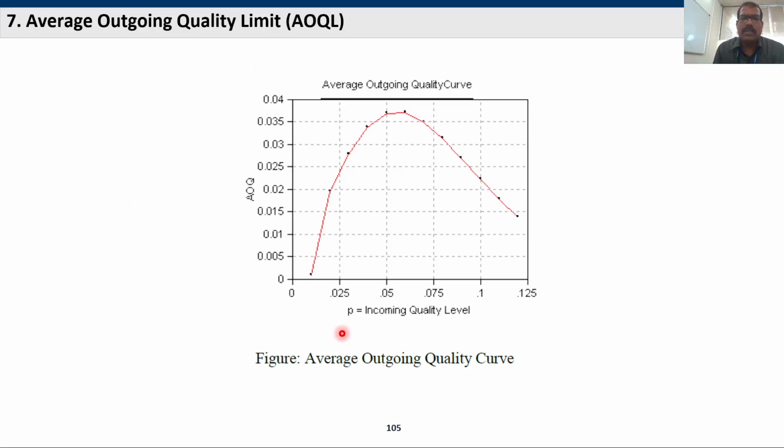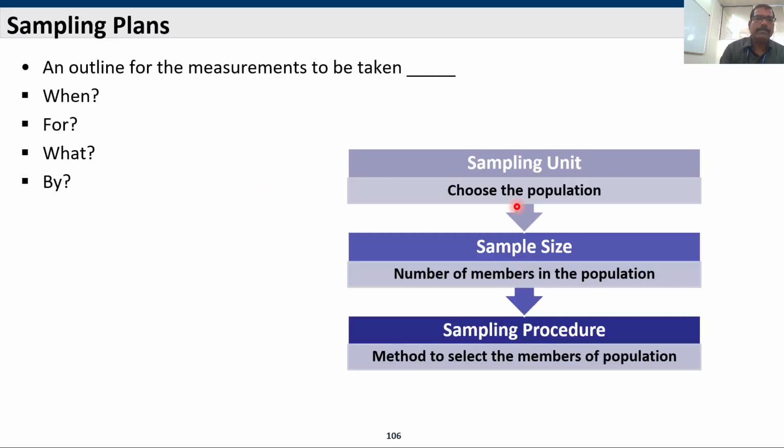How the incoming quality level and the outgoing quality level vary: if your incoming quality level is low, then you will keep the outgoing quality level also low. At a certain point, you will achieve better incoming quality level and better outgoing quality level also. So this is how the average outgoing quality curve goes.